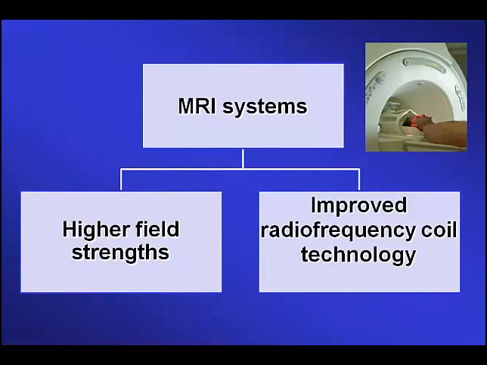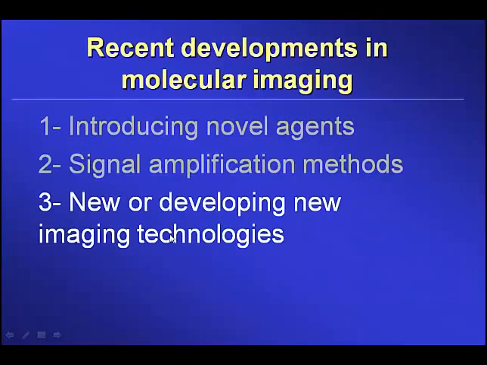Also, as an example, for magnetic resonance imaging, MRI systems, we have to improve radio frequency coil technology, and we have to get higher field strength. And this is going on, and it is one of the current new signal amplification approaches in molecular imaging.